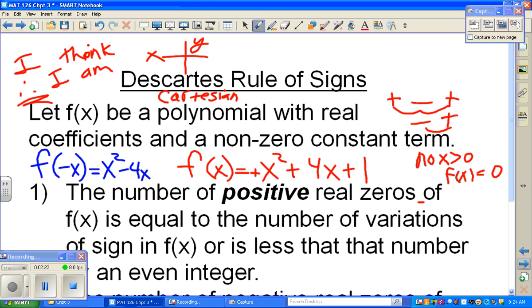It's the first thing you do for checking even and odd functions for symmetry, y-axis and origin symmetry. If I put negative x in for 1, what does it come out to equal? 1. There's no variable, so it's a constant. It doesn't change regardless of what number you put in for x.